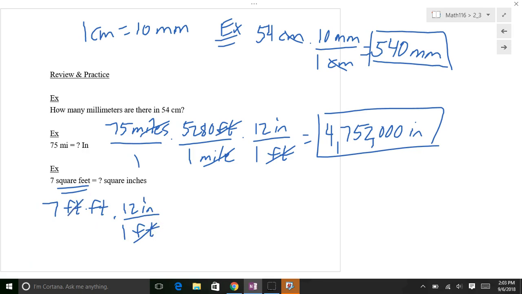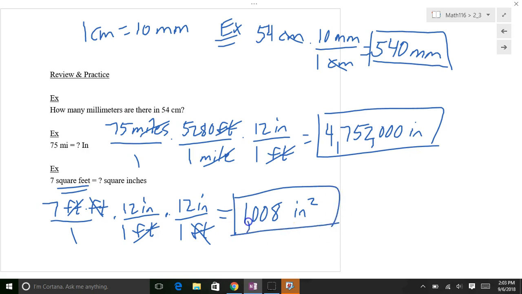We're going to take care of that other foot there, so we multiply 12 inches for every 1 foot. And there we've taken care of the other one. So now we've got 7 times 12 on the top, and it looks like we get 1,008 inches times inches, 1,008 square inches.